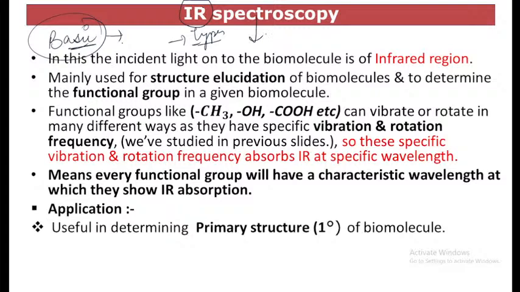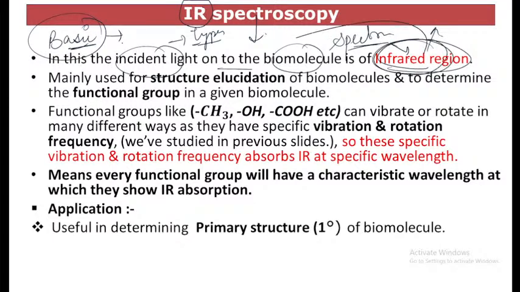Third one, we have the IR spectroscopy. In this, the incident light on the biomolecule is of the infrared region. If you remember, there are various regions in the spectrum, and there is an infrared region. So if infrared region light is being used, we say it is infrared spectroscopy.